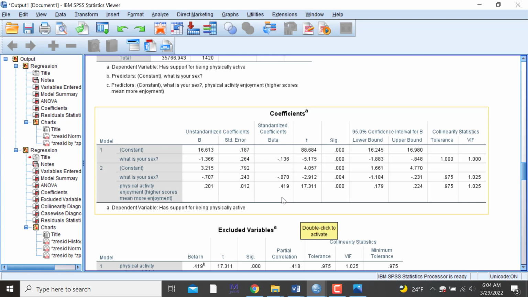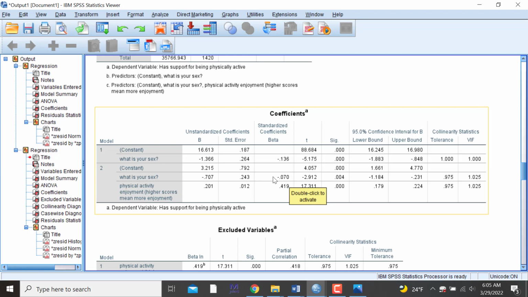So let me show you how I'd interpret this in terms of standardized values. You have to know how to do this as well. A 1 standard deviation unit increase in physical activity enjoyment results in a 0.419 standard deviation increase in support. Now, interpreting this one is a little bit different because, see, we don't talk about standard deviations when there's only two values.